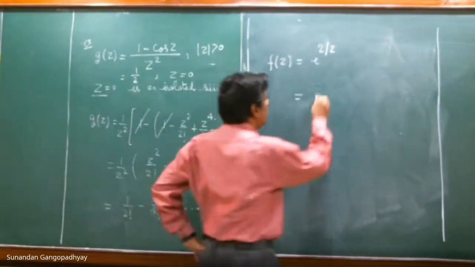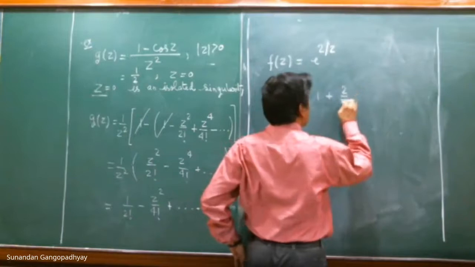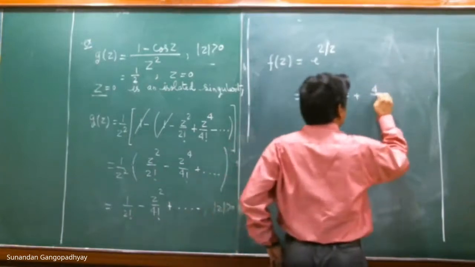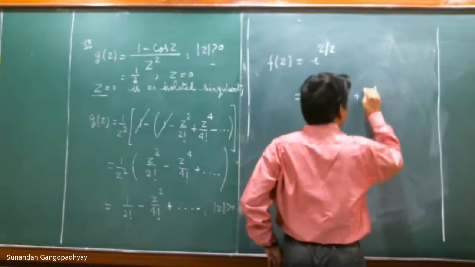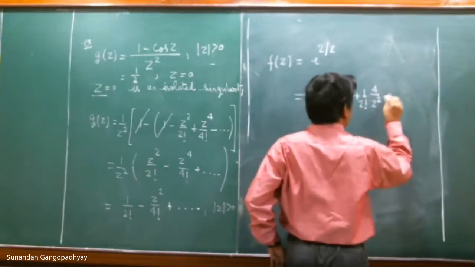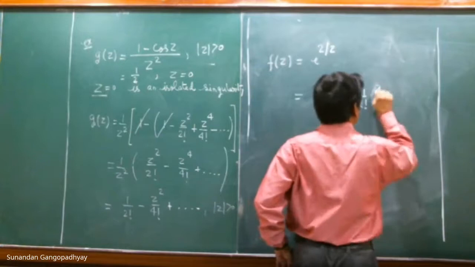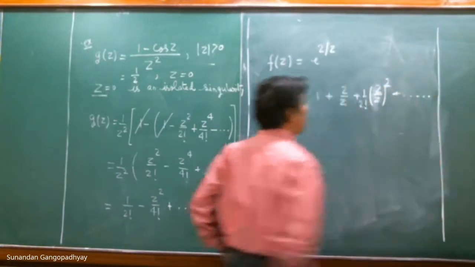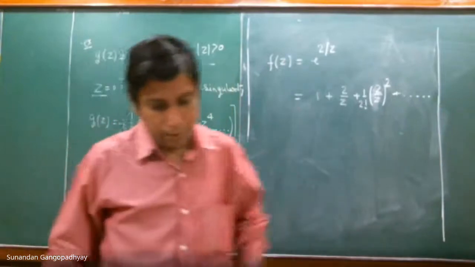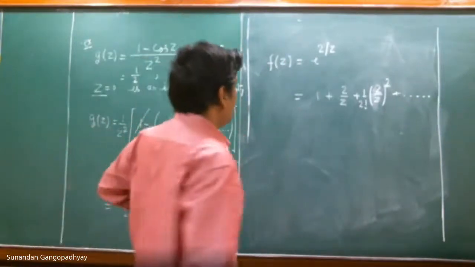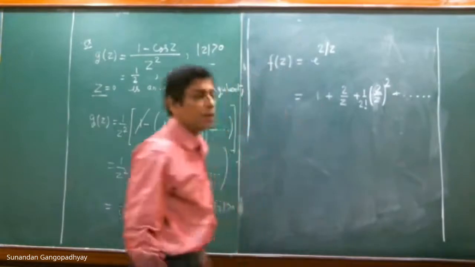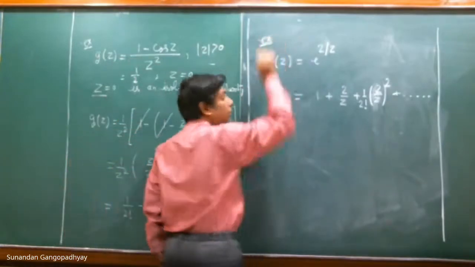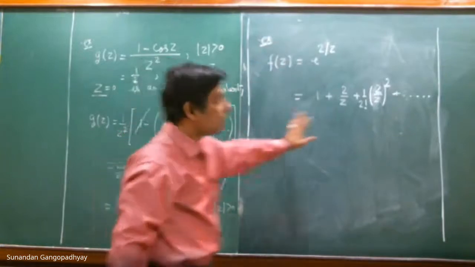So if you use that, what you will get is 1 plus 2 by z plus 4 by z square by 2 factorial, and so on. So this is the Laurent series expansion of this function. This is another example to calculate residues.